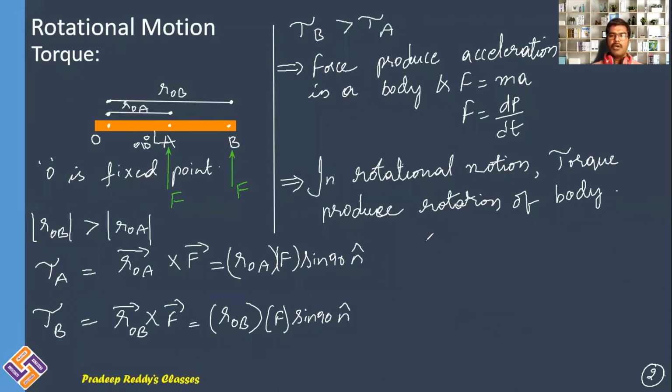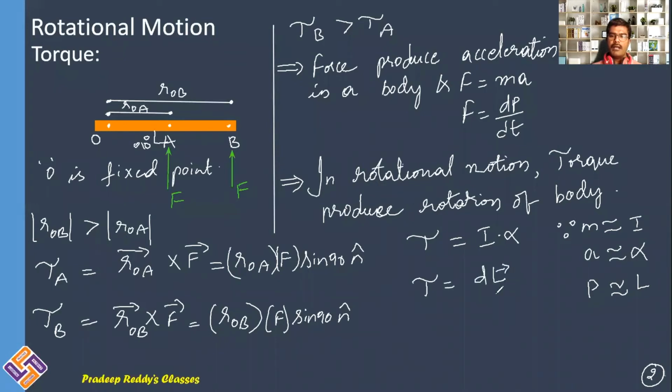As a result, torque tau will be equal to moment of inertia I into alpha, since mass is analogous to moment of inertia in rotational motion and linear acceleration is analogous to angular acceleration in rotational motion. Momentum is analogous to angular momentum in rotational motion. So you can write torque tau is equal to dL bar divided by dt. These are the equations for torque.